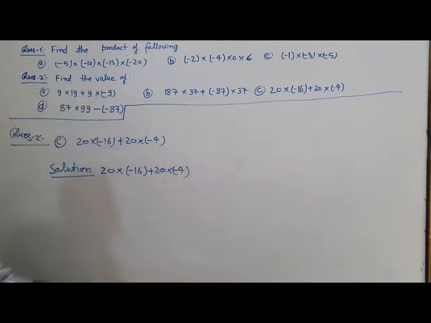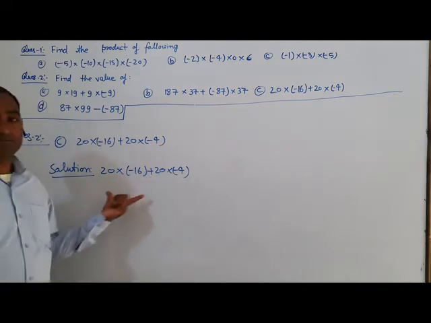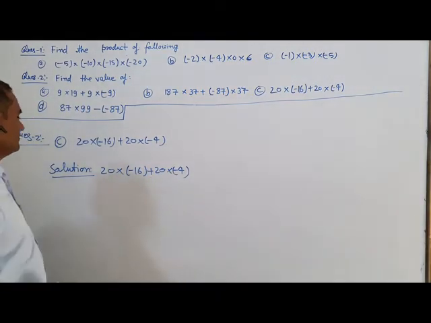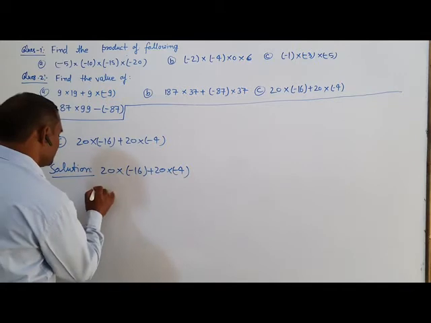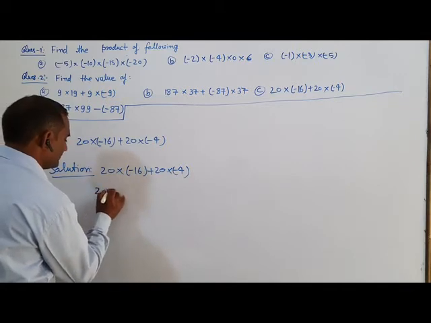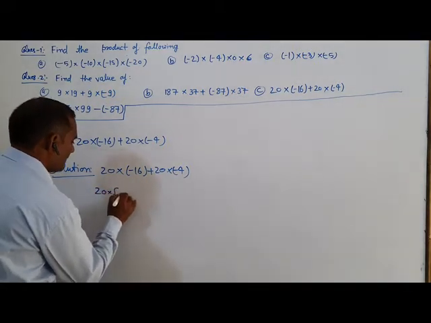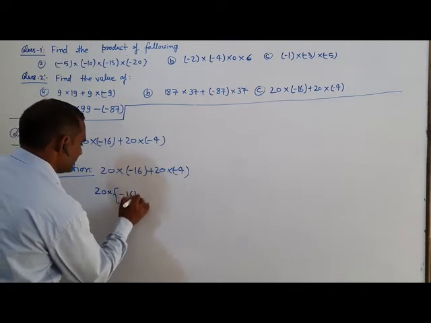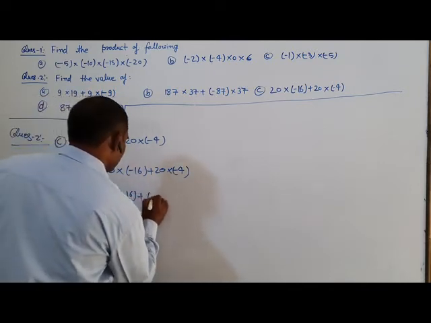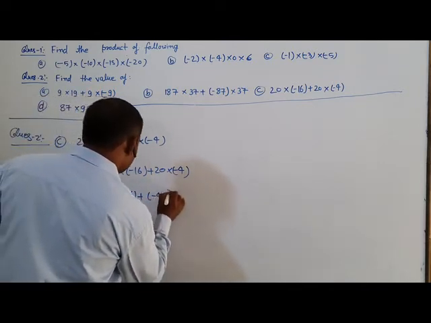Here we see that 20 is common in both. So take out 20 from these two terms: 20 into minus 16 plus minus 4.